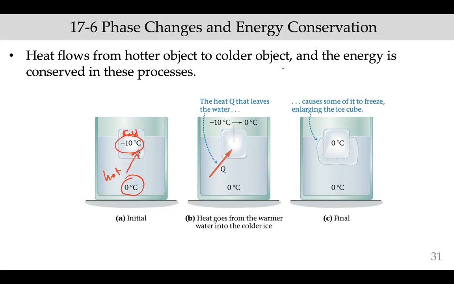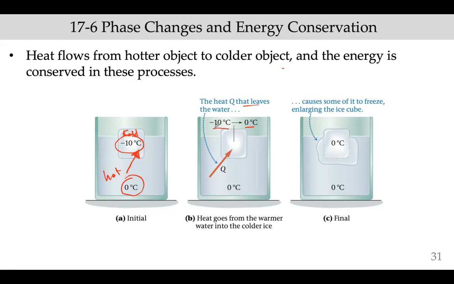The heat will go from water to the ice. So the heat Q that leaves the water goes into the ice, and it will raise the temperature of the ice. In this case, it goes from negative 10 to 0.